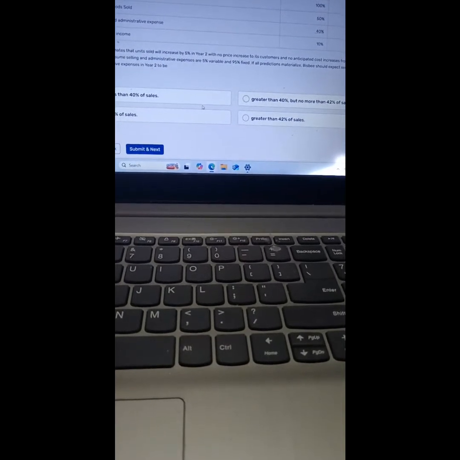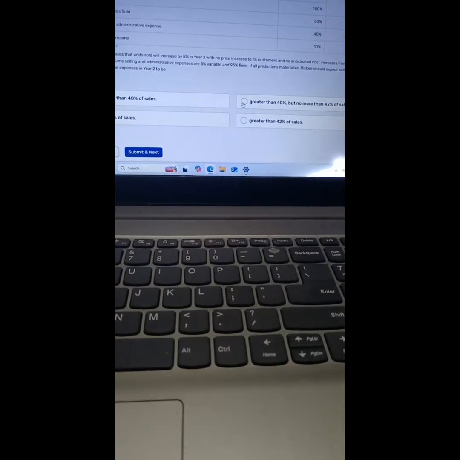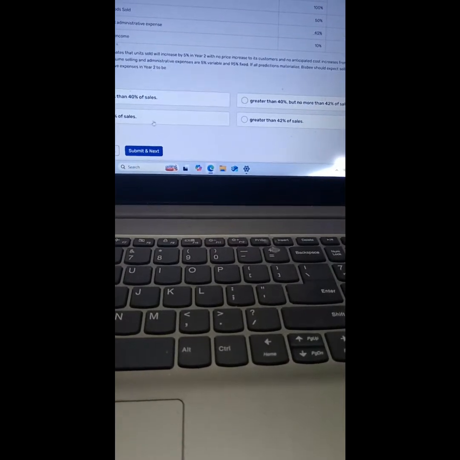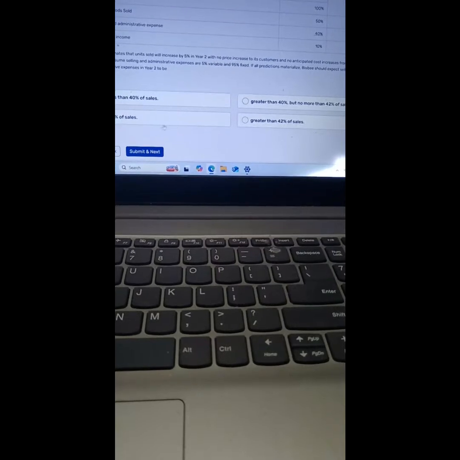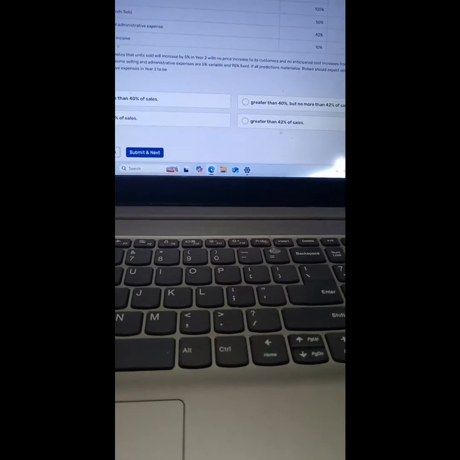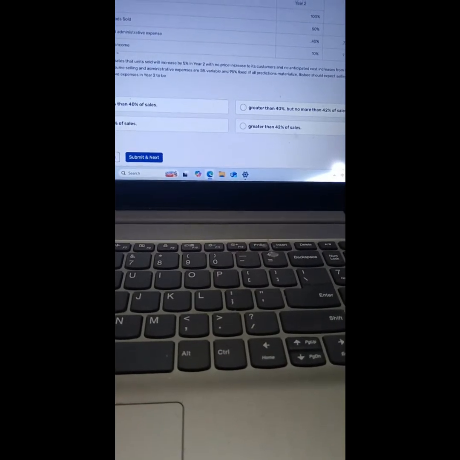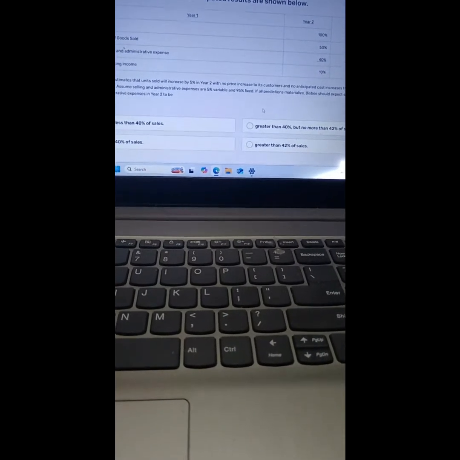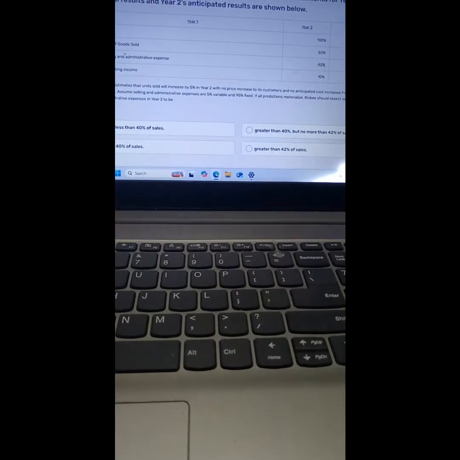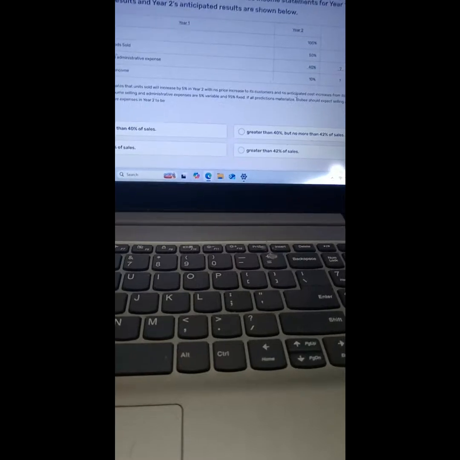Options given: less than 40%, greater than 40% but not more than 42% of sales, 42% of sales, and greater than 42%. These are the options, and we need to calculate the selling and admin expenses for year 2.